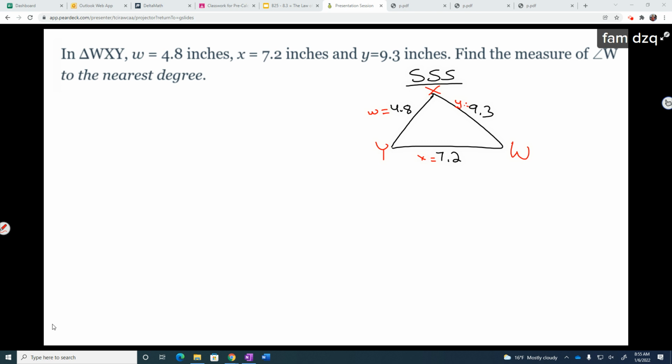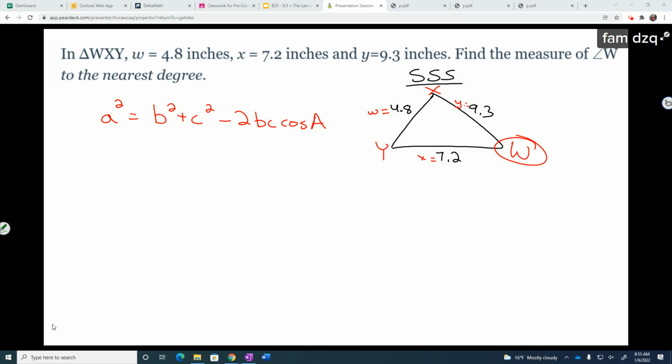So we're asked to find the measure of angle W, big W. All right, there's opposite of little w. So when we write out this law of cosines, if we take the idea of a squared equals b squared plus c squared minus 2bc cosine of big A, we're going to use this model.